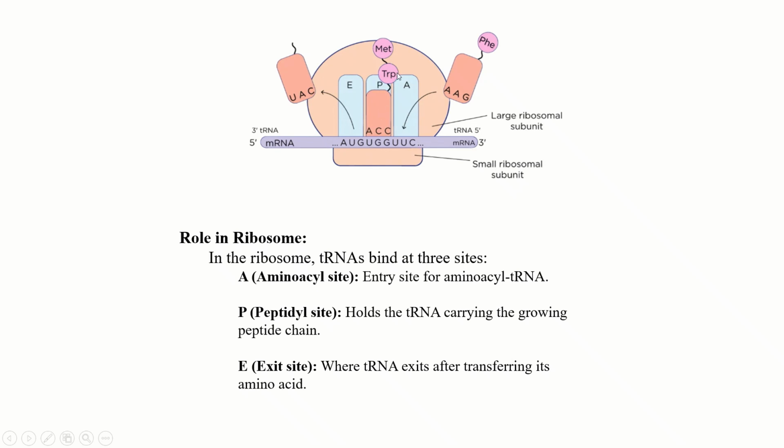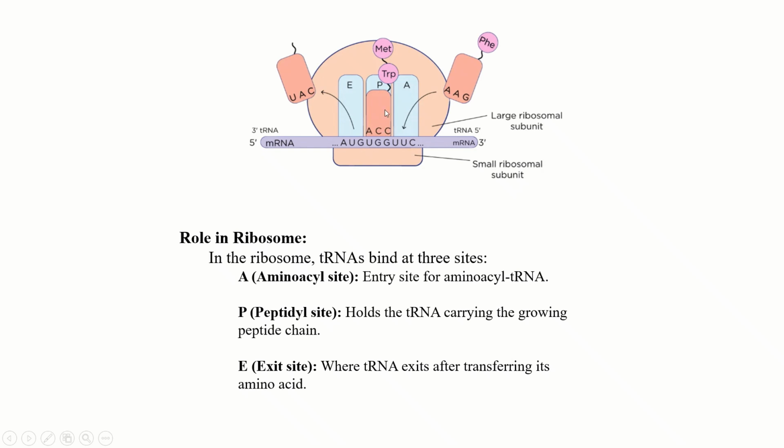These are the 3 sites or compartments in a ribosome: the A site, P site, and E site, and different sites have different functions. The A site is also called the aminoacyl site. This site welcomes the new tRNA carrying a particular amino acid, hence it is called the aminoacyl tRNA.